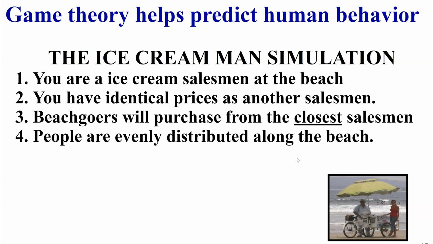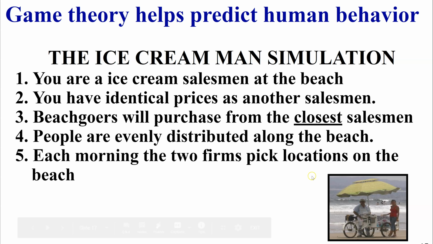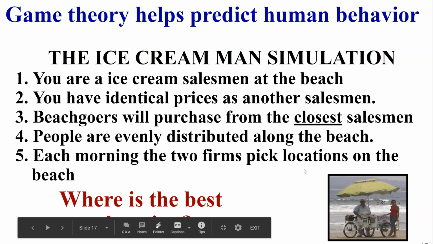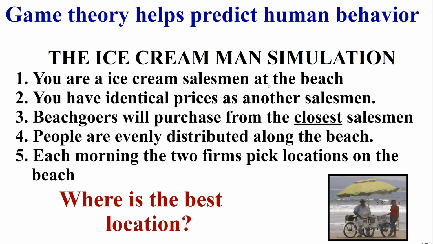So with people distributed all across the beach, the idea here is what location are you going to pick? Where is going to be the best spot for you in terms of how you're going to maximize your revenue?